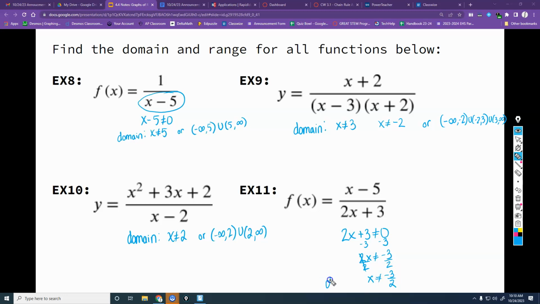That is our domain. It might be written like this. It might be negative infinity to negative 3/2 and negative 3/2 to infinity.